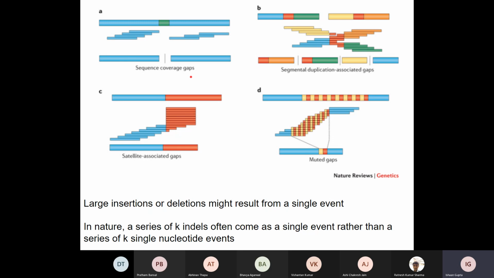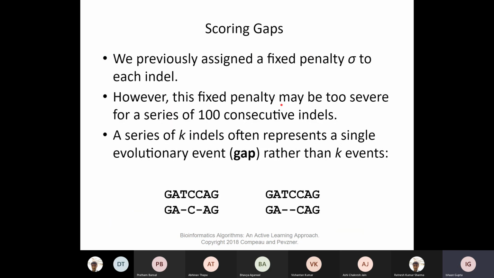So in all these cases, there is much more likelihood that you have single insertion or deletion events which are larger in terms of the number of nucleotides, than the same number of nucleotides represented as single insertion or deletion events randomly spread across, right? So this gives us the idea of actually changing the penalties that you have for gap opening.